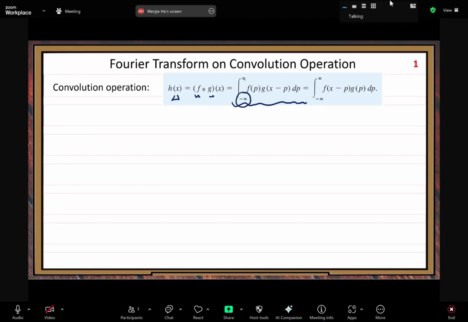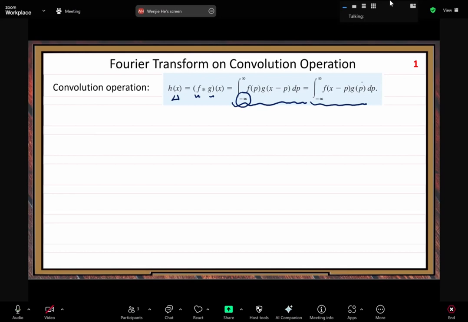For the Laplace transform, the lower limit is 0. That's one important difference. Other than that, there is another version, and these two versions are equivalent. We just do some variable substitution, so we can change from one version to another.